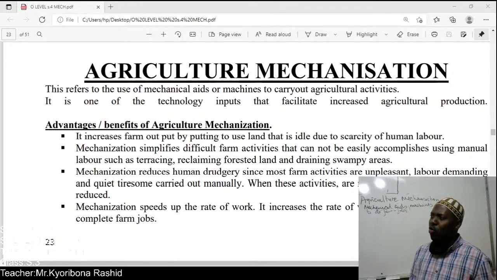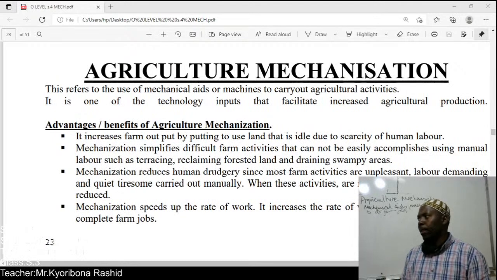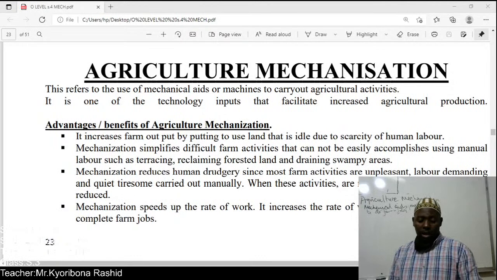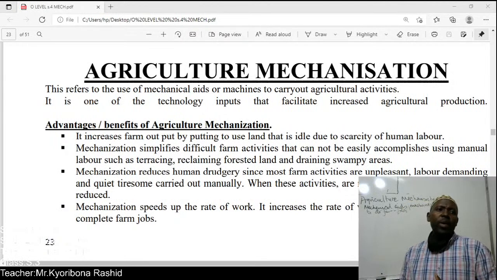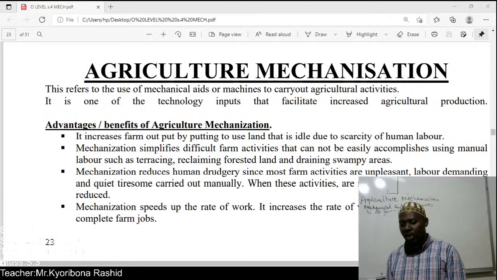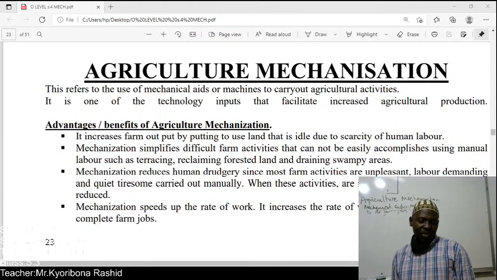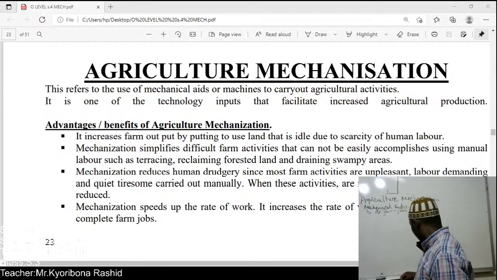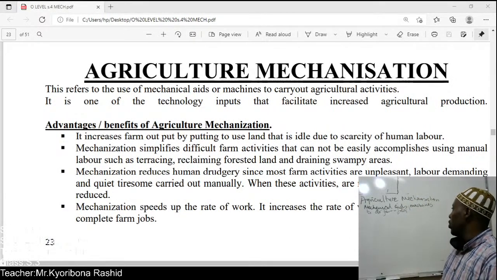For example, in poultry, brooding of the chicks uses machines. However, there are some activities where we may not use machines. For example, picking coffee or picking cotton, you may not use machines.